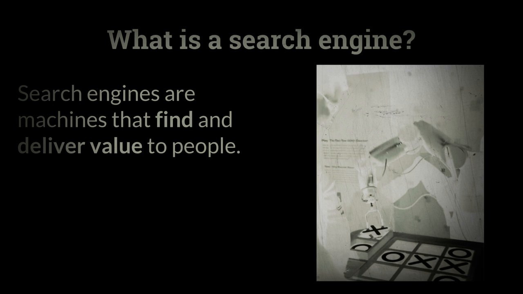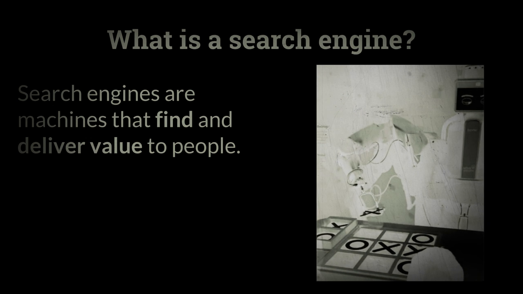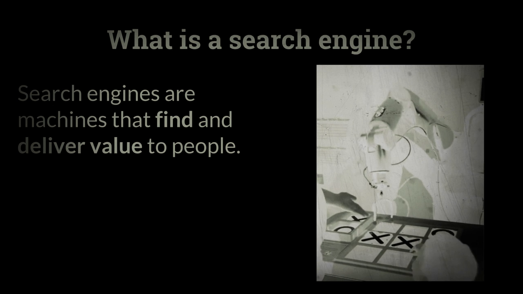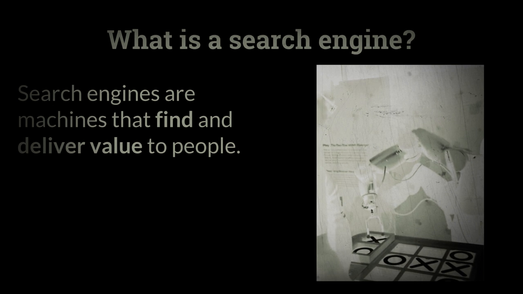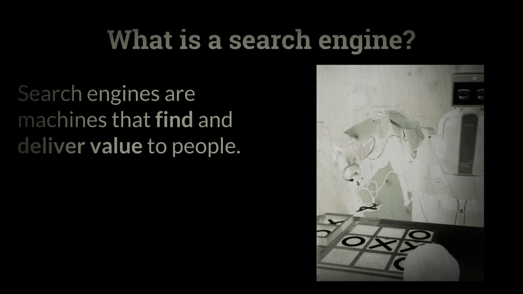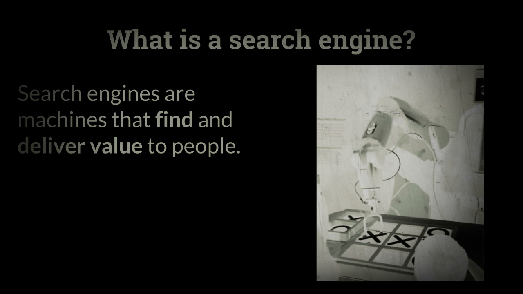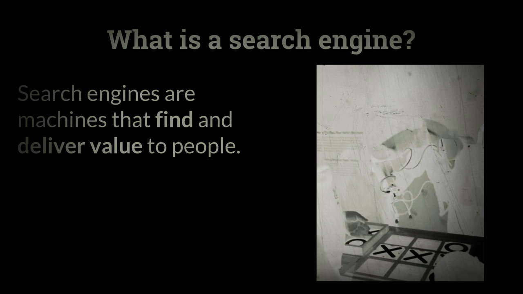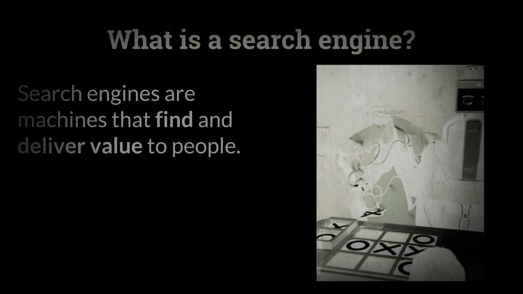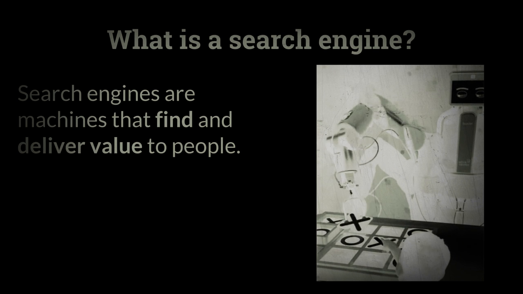So if we think about the process by which they do that, we could say that search engines really have these two functions, right? They're out there trying to find the value on web pages, oftentimes in whatever content, whether it's images or videos or text. And then they need to deliver it to people in some way that matches the search intent with the words that have been used.